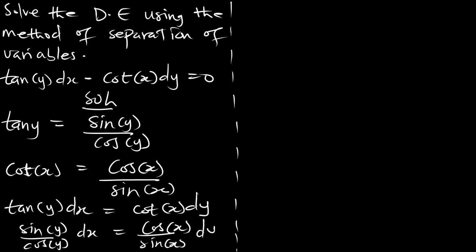Is it separated? No, because here we are having sine of y in terms of dx, and we are having this in terms of dy. So let's try to make the separation very well. All the x should come for the dx and all the y should come for the dy. Are we okay? So let's swap them.